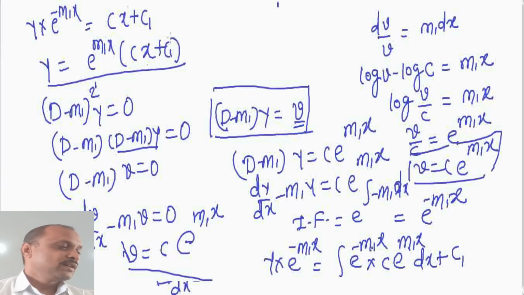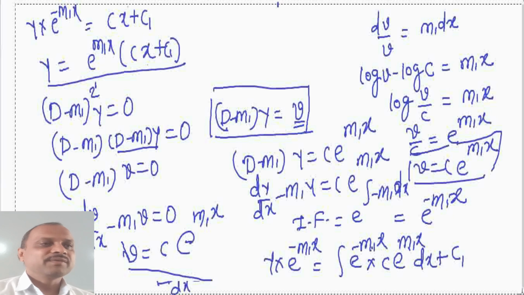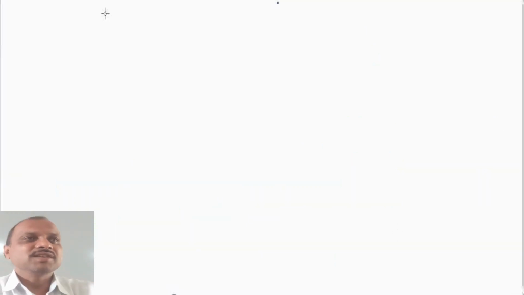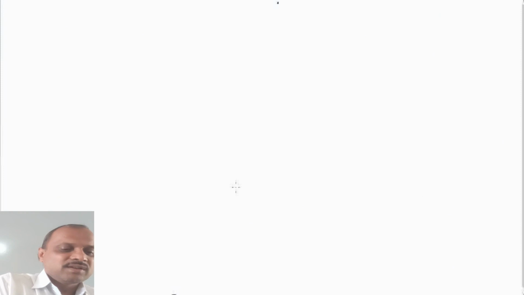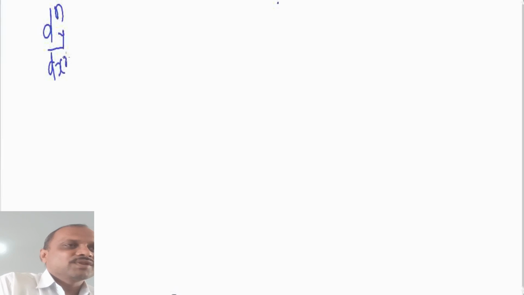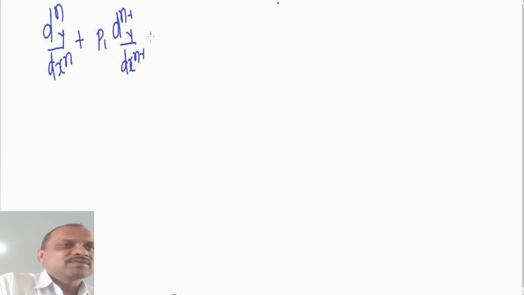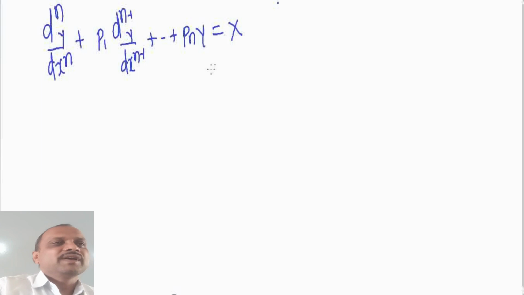Now, as you have seen, the nth order differential equation with constant coefficients is like this. I am writing once again: d^n y by dx^n plus p1 into d^(n-1) y by dx^(n-1) plus ... plus pn y equal to x.